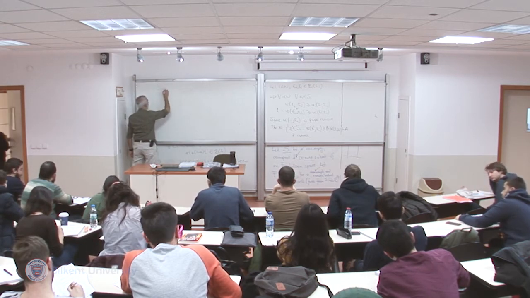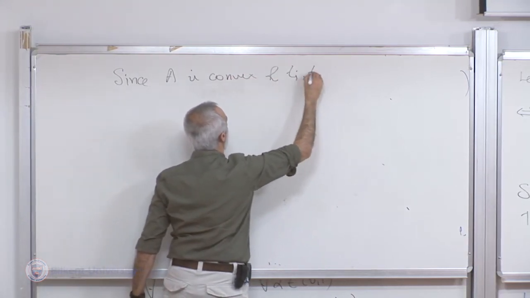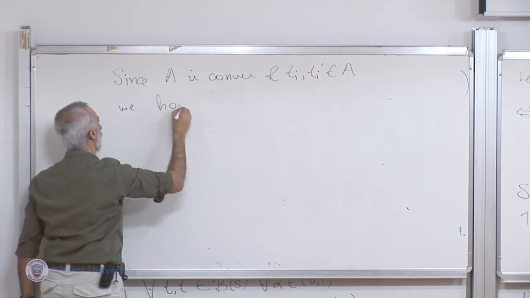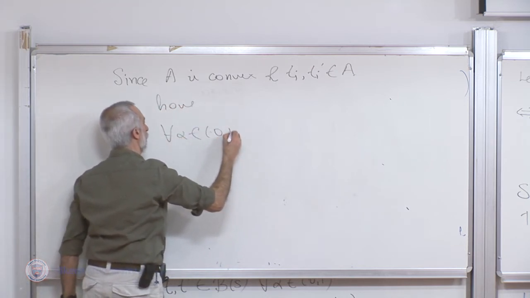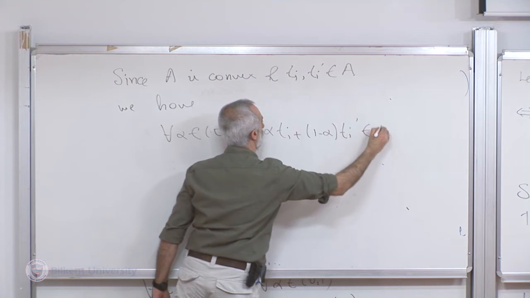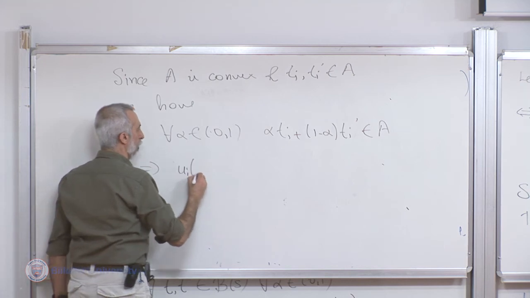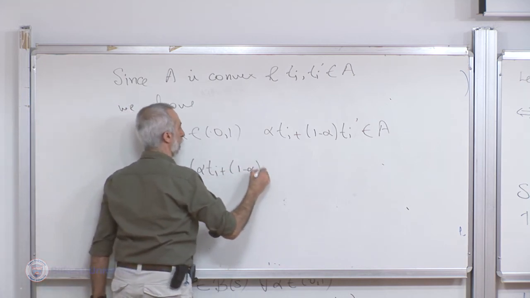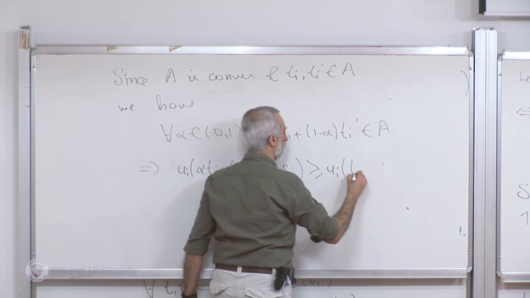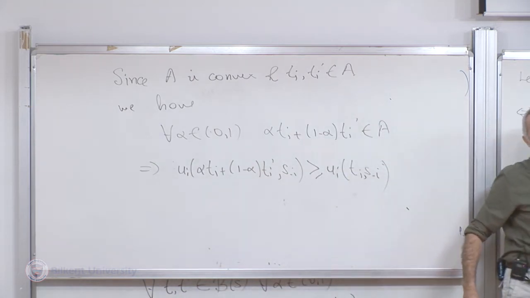So since A is convex and Ti and Ti prime are elements of A, we have, for any alpha between 0 and 1, alpha Ti plus 1 minus alpha Ti prime an element of A, which implies Ui of alpha Ti plus 1 minus alpha Ti prime, S minus i is greater or equal to Ui of Ti, S minus i, but that was greater than or equal to Ui of Si, S minus i for any Si.